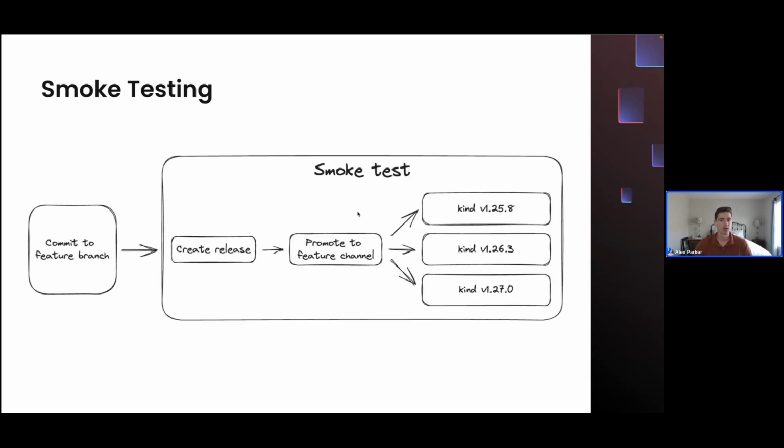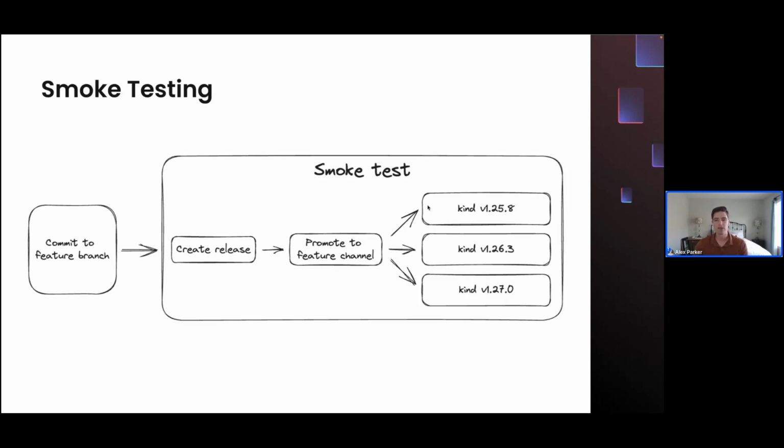So with the compatibility matrix, you can commit to your feature branch, and that's going to trigger a replicated release getting created. It'll promote that release to a feature channel based on the feature branch that you're using, and then automatically kick off the creation of a few different clusters for the smoke test. So in this example, I'm going to use kind, and I'm going to test it on the latest versions of Kubernetes 125, 126, and 127, because that's what my app supports right now.